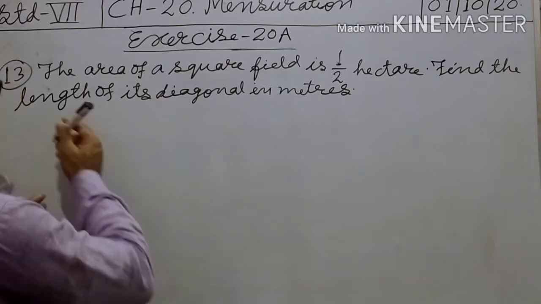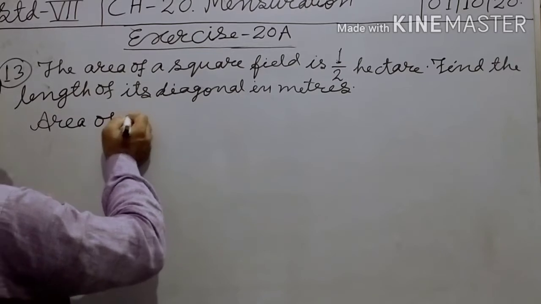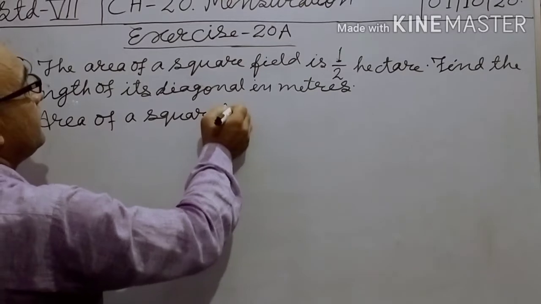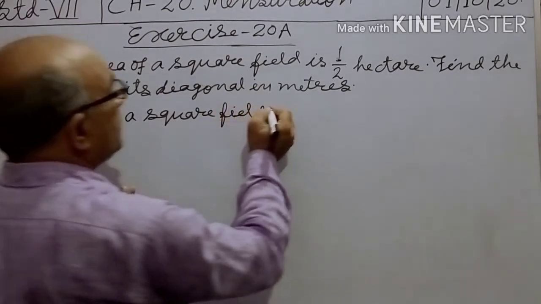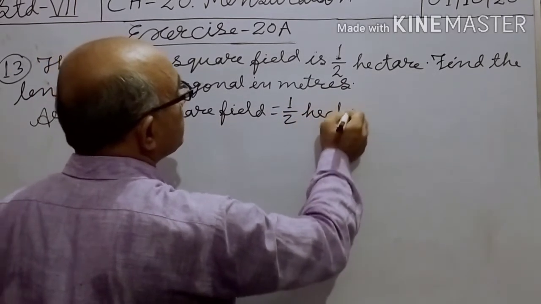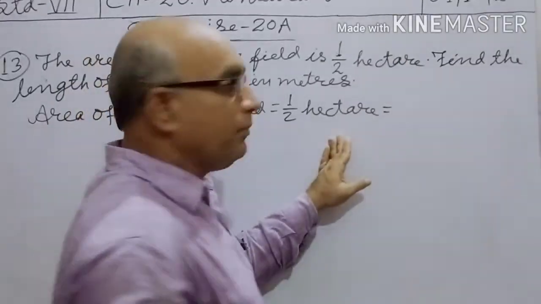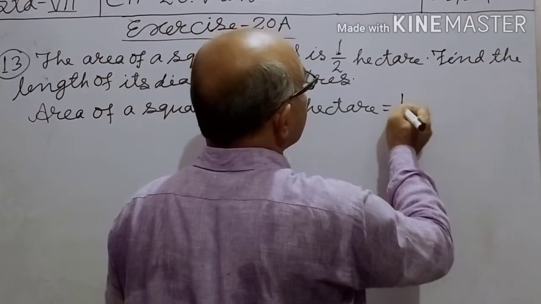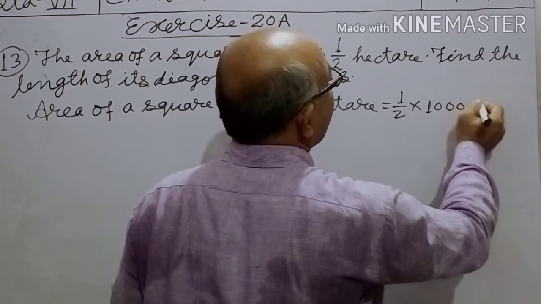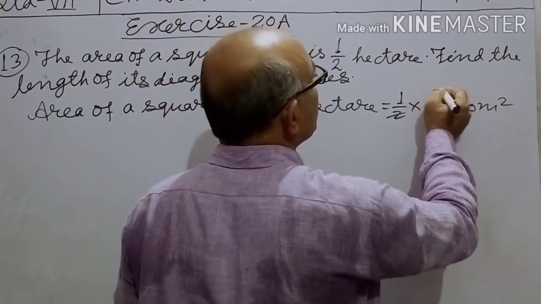Here given the area of a square field equal to 1 by 2 hectare. Students, 1 hectare means 10,000 meter square. So 1 by 2 into 10,000 meter square. 10,000 divided by 2, so 5,000.